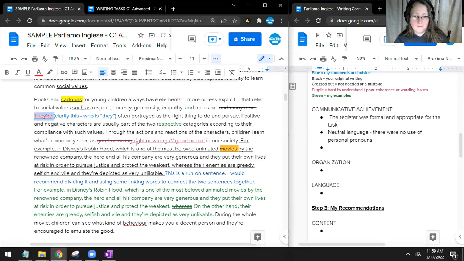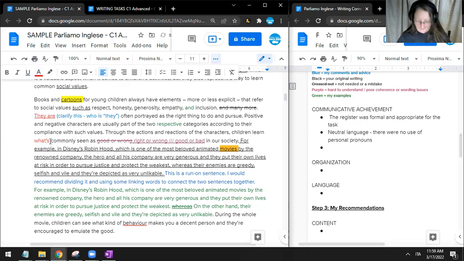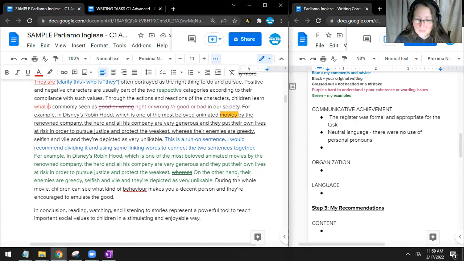So in formal writing, we want to avoid using contractions. Contractions would be fine if this was an informal task.